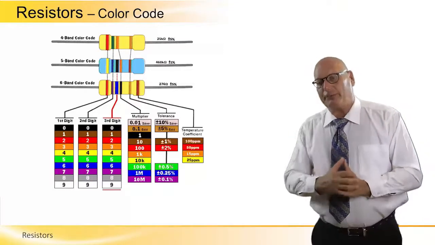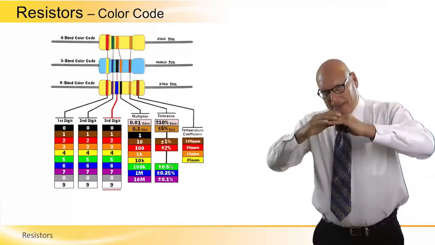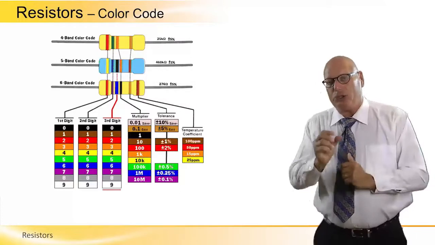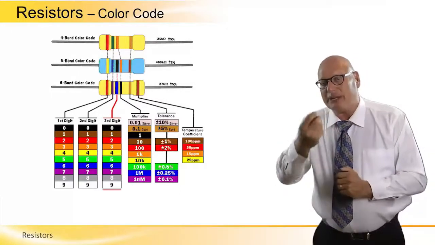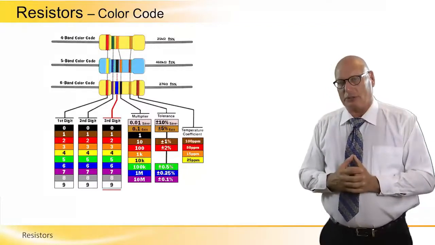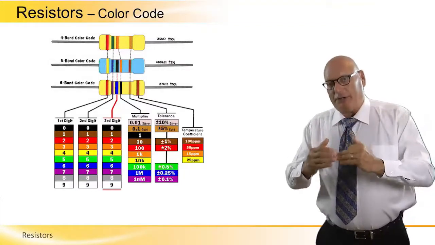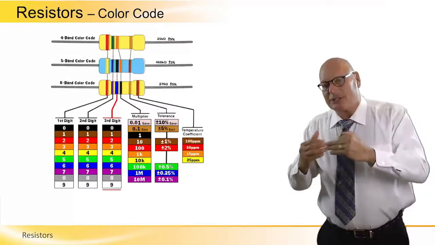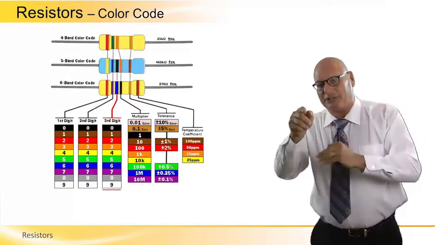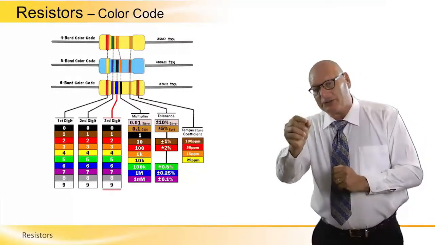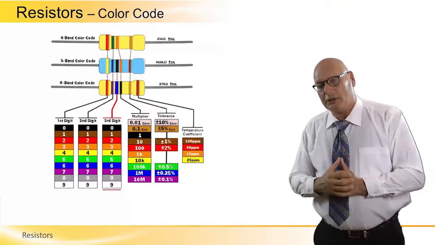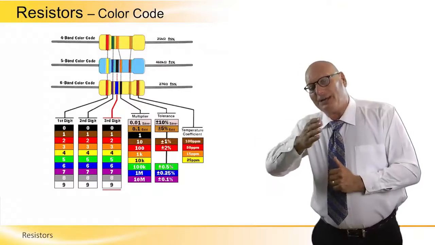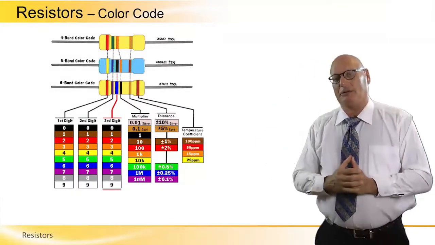And now we have a temperature coefficient. All the units of ohms, all the resistance, are basically measured based on ambient temperatures. Now, the resistance changes as the temperature changes, and the temperature coefficient is marked on the 6-band color code only on the very last color ring.